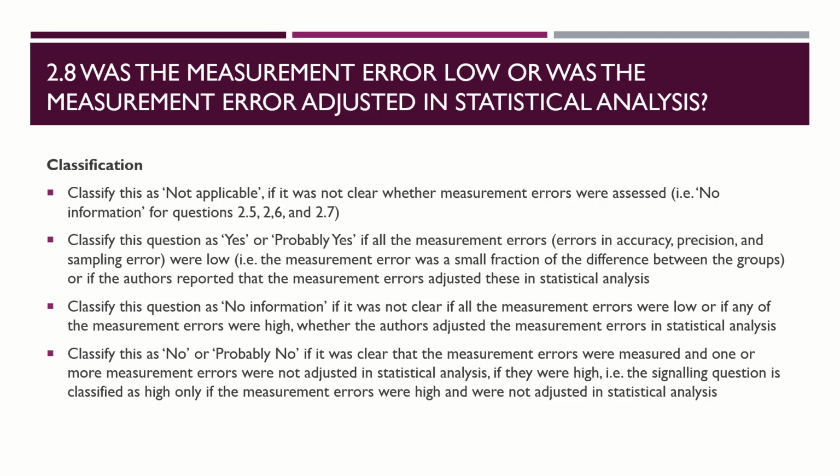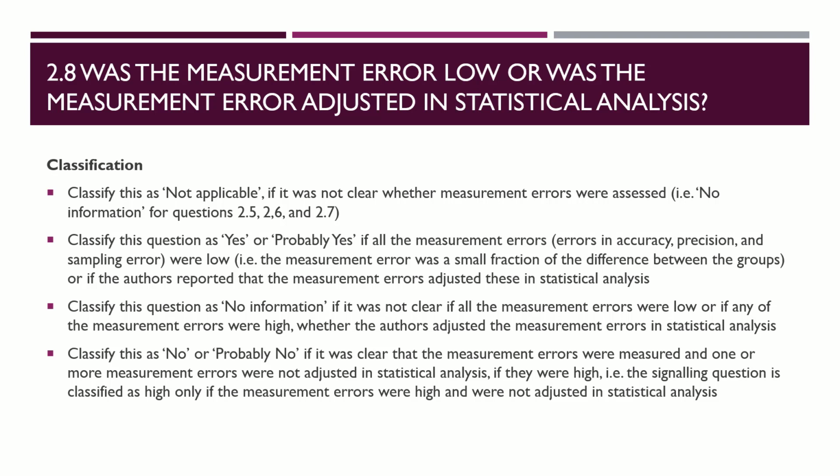Just a little bit of summarization, I think, because of the complex words that are used. If it was not clear whether measurement errors were assessed, that means you have answered no information for all three questions, 2.5, 2.6, 2.7, then it's not applicable.